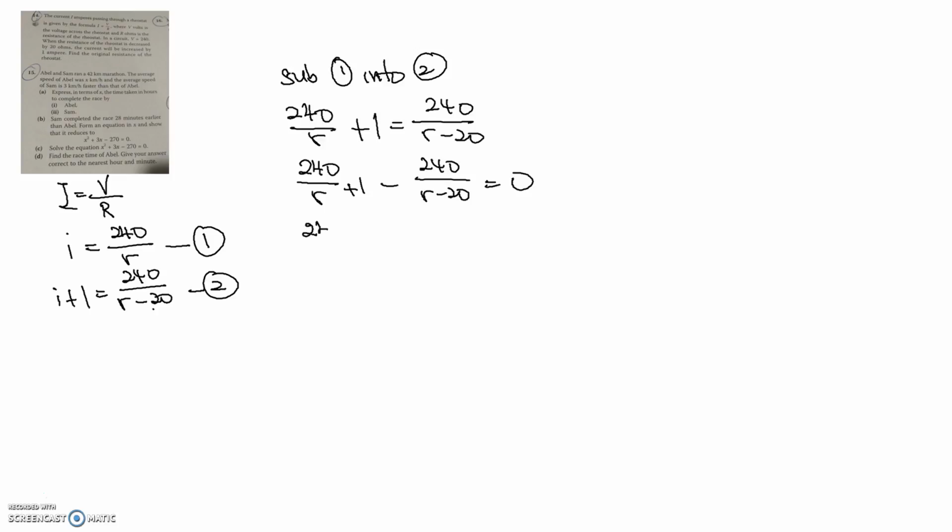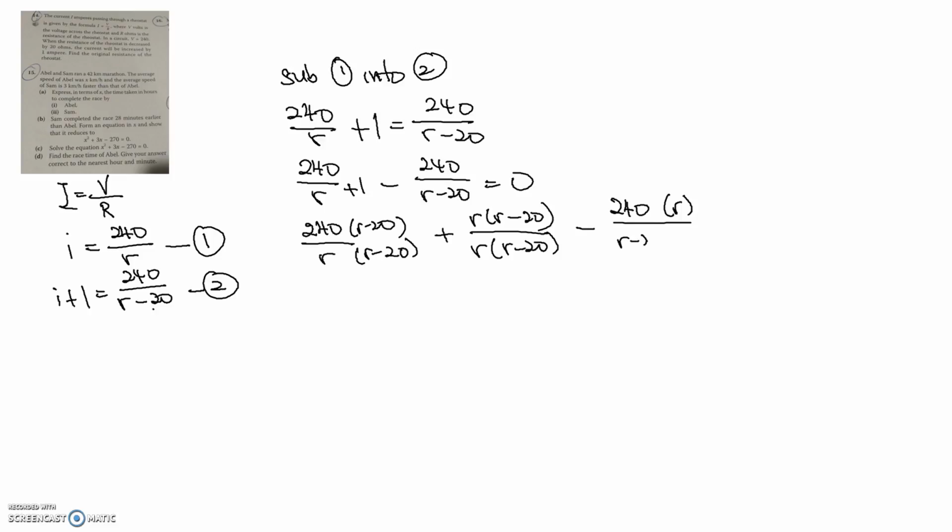So 240 over R times R minus 20 over R minus 20, plus 1 times R minus 20 over R minus 20, minus 240 times R over R minus 20 times R equals 0. So what I've done is basically made everything into a common denominator.